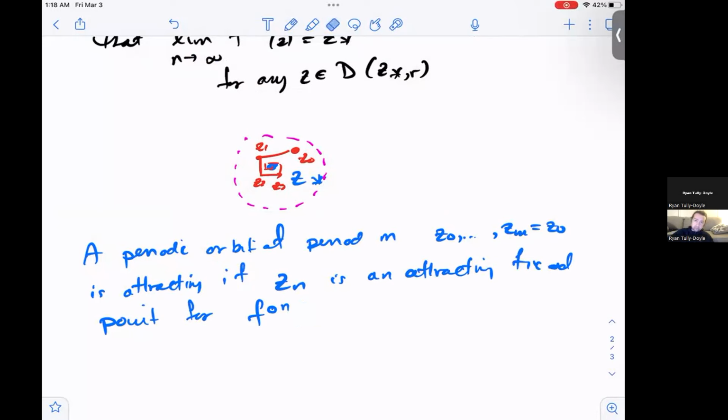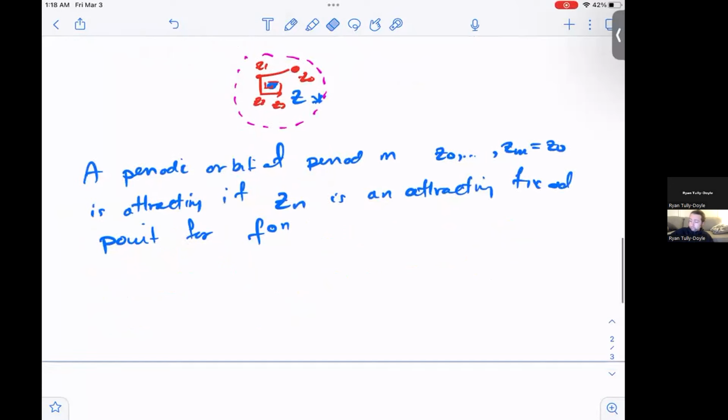And so that's your basic definition. So you are an attracting orbit for f if you're an attracting fixed point for m iterations of f. Okay.